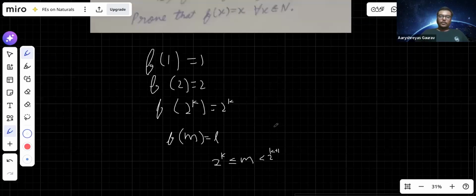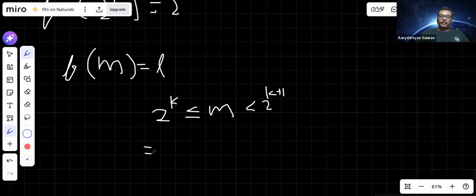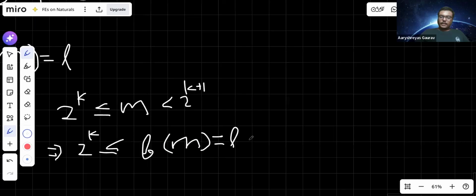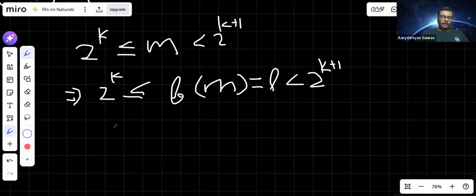Now see, due to the third condition, we can say that f of 2 to the power k, that is still 2 to the power k, is less than or equal to f of m, that is L, which is less than 2 to the power k plus 1. So we have a range on m and L. How about dividing them?